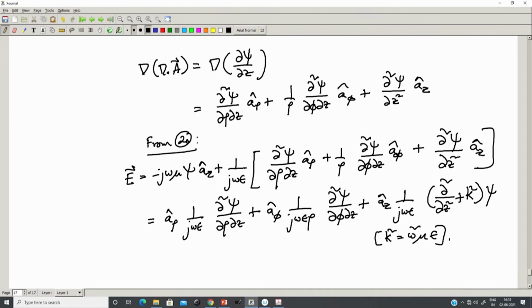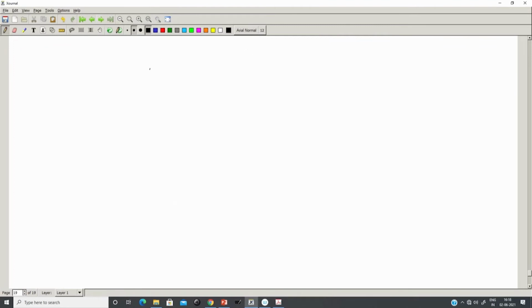Therefore, we can collect together the terms for the electric field from this expression. So, E rho will be equal to 1 by j omega epsilon del square psi by del rho del z.